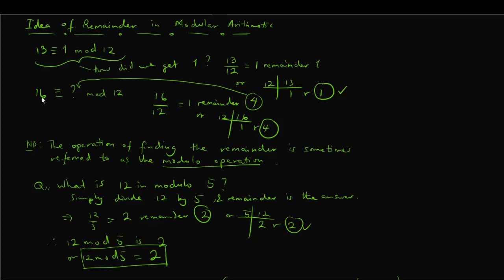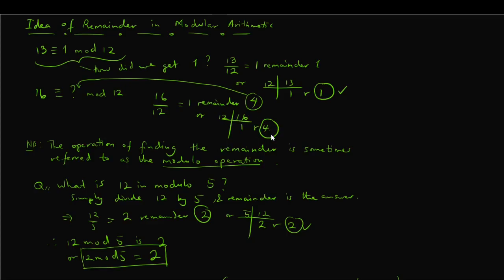Okay, the same for 16. Now, how do we find the modulus of 16 or 12? We divide 16 by the modulus, and then 12 goes into 16 once, remainder 4. Or you can use the table form of division to arrive at the same answer.